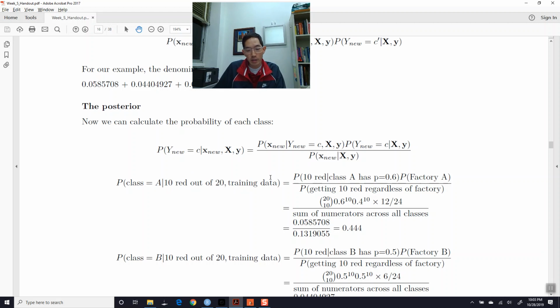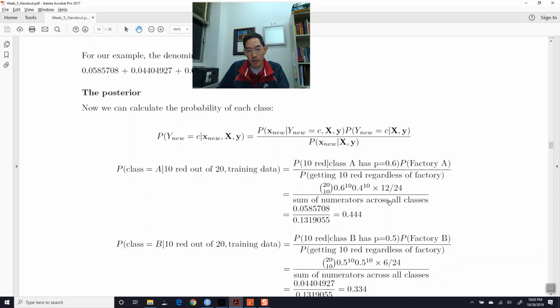And the training data says factory A looks like this, factory B looks like this, and factory C looks like this. Well, it's the likelihood, the probability of getting 10 red, given that class A has a probability of 0.6, times the probability of factory A, which is 1/2, divided by the marginal, which is getting 10 red regardless of the factories. Okay, and that's going to be the sum across all classes.